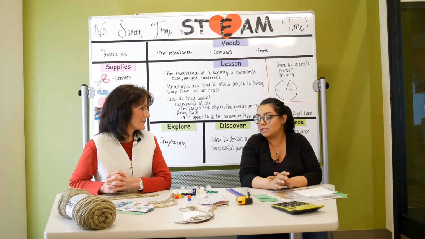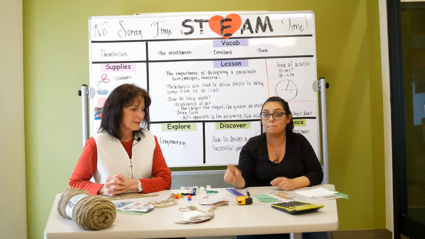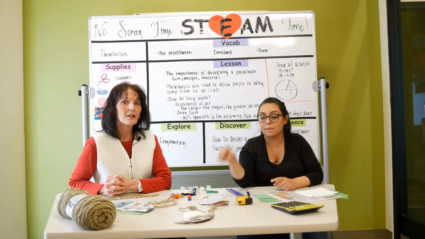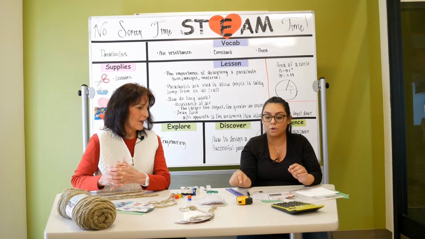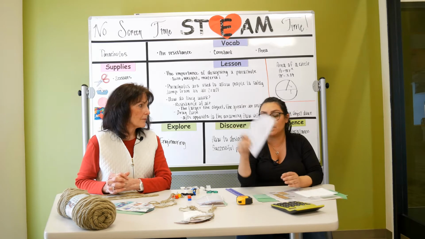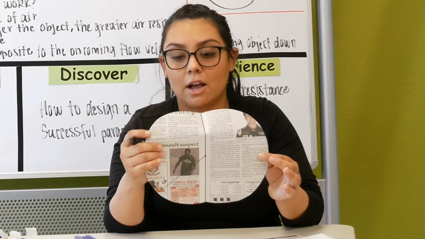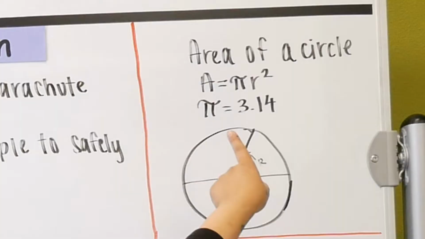Okay, so before we start on our actual building of our parachute, we're gonna go into the math behind the parachute because engineering does require some math at least. So once you do your half circle, and we'll get into that in a minute, you're gonna open it up, you're gonna cut it out, and we're gonna find the diameter and the radius because we are going to be using this equation.